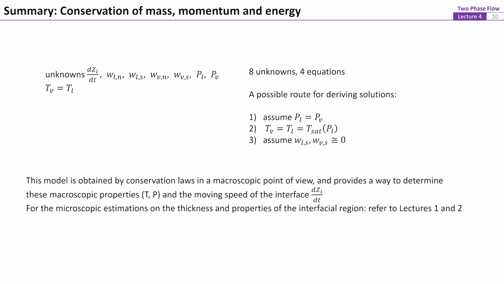This macroscopic model could be used in conjunction with the microscopic analysis of the interfacial region that were illustrated in previous lectures, especially lectures 1 and 2, for a complete analysis of the dynamics of the liquid-vapor interface.